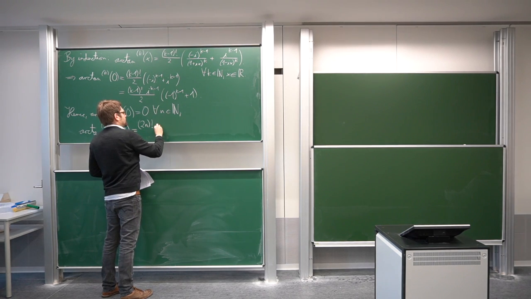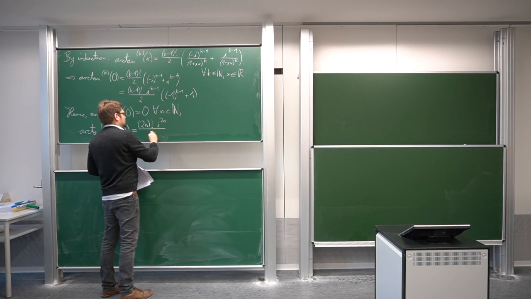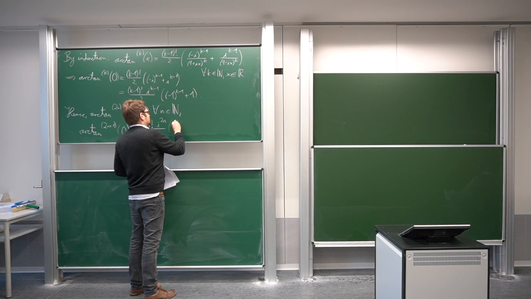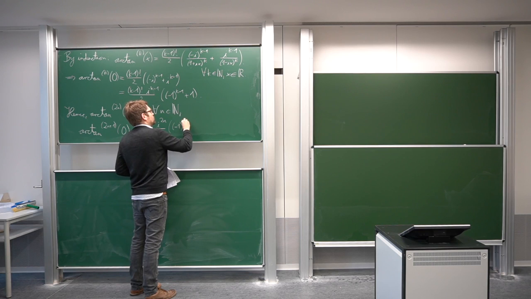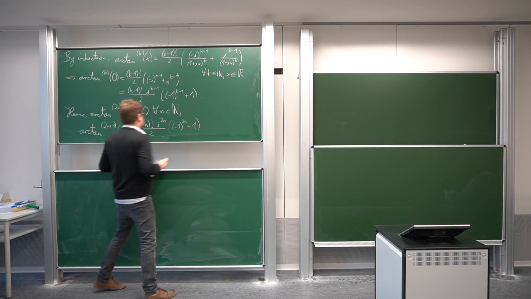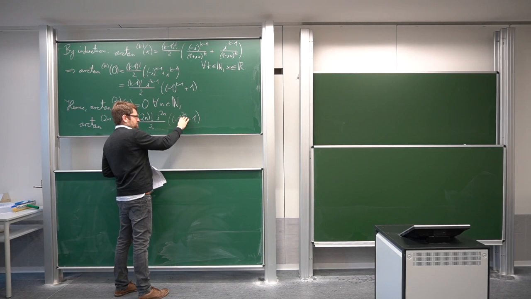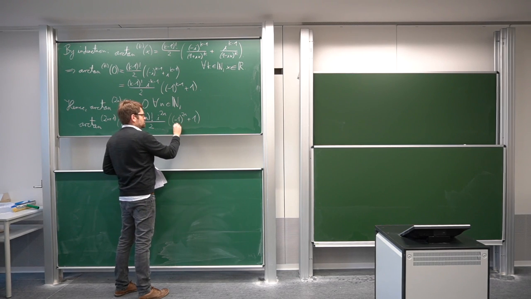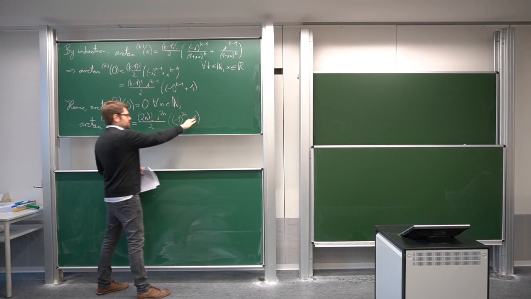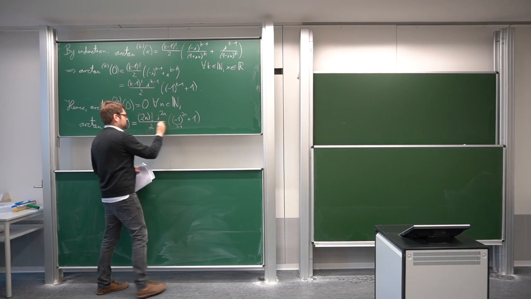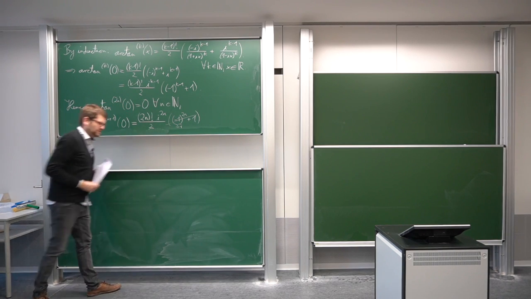Here we get i to the 2n divided by 2, and here we get (minus 1) to the 2n plus 1. And now it becomes quite simple because this exponent is always even, so this is plus 1. So this together is 2. Here we have another 2, so this and this cancel each other out.